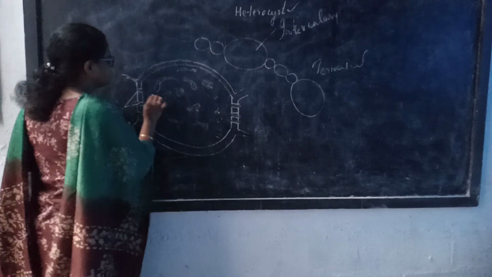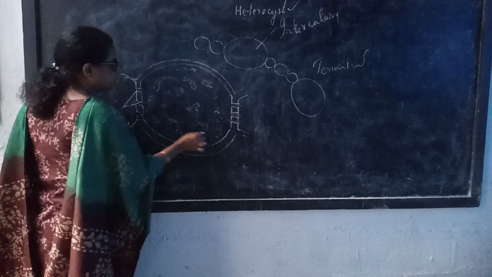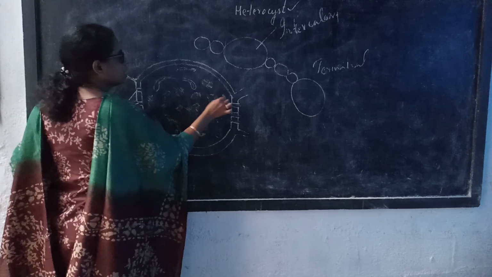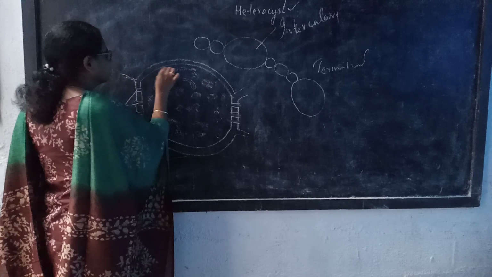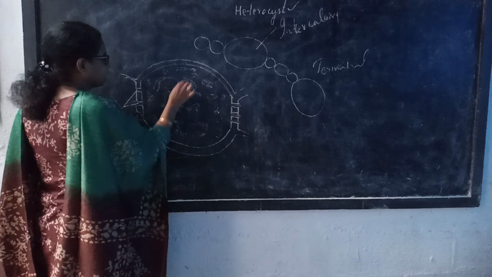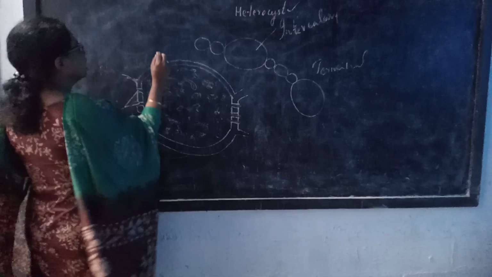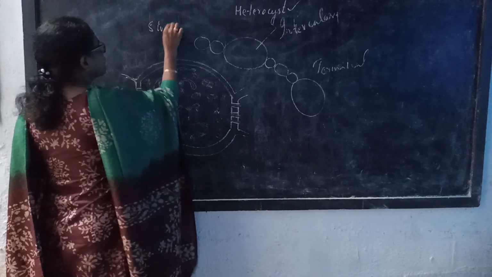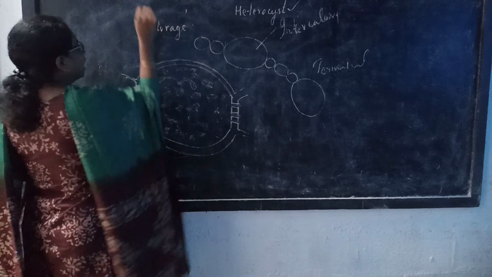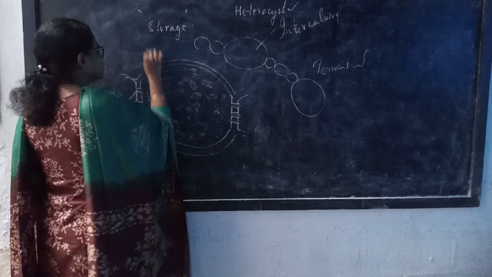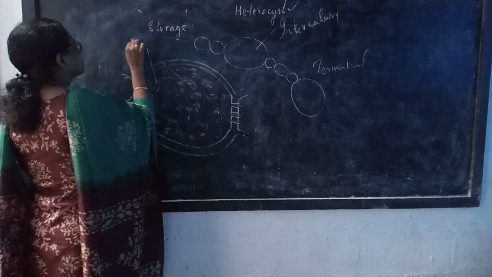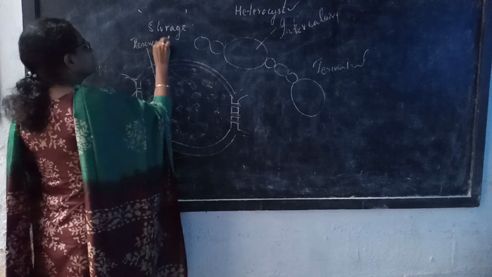They are colorless because there is no photosynthetic function, so you won't get pigments like chlorophyll, and that is why they are colorless. But they are concerned with storage. So this heterocyst is concerned with storage. They contain plenty of reserve food materials.